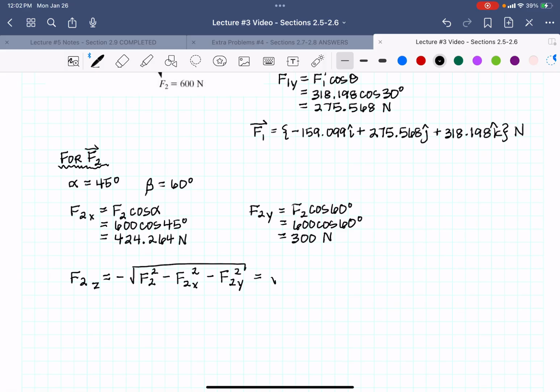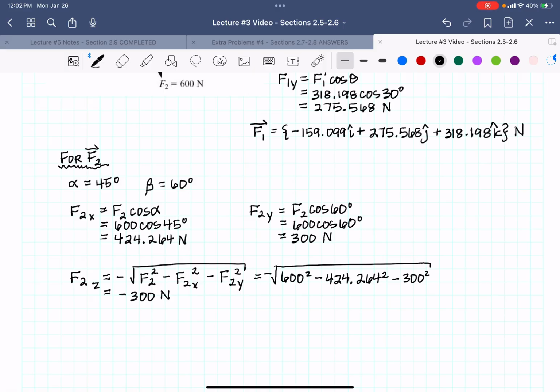So that equals negative the square root of 600 squared minus 424.264 squared minus 300 squared. Which gives us that F2z equals negative 300 newtons. So now I have all my components.